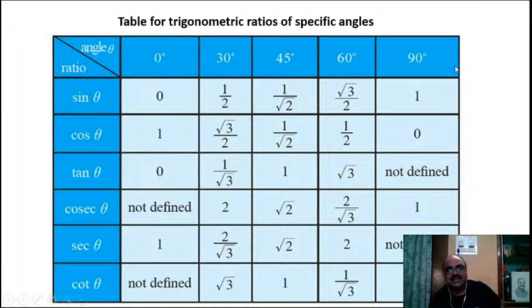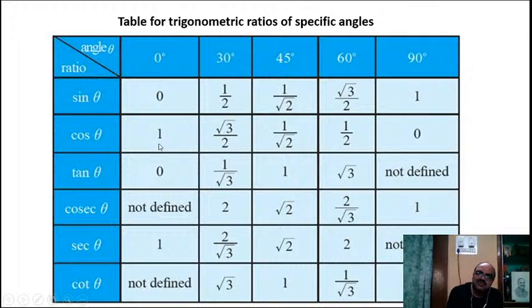Whereas sine 90 is 1 and sine 270 will be minus 1. Why? In the third quadrant sine is negative. Okay. So 0, half, 1 by root 2, root 3 by 2, 1.